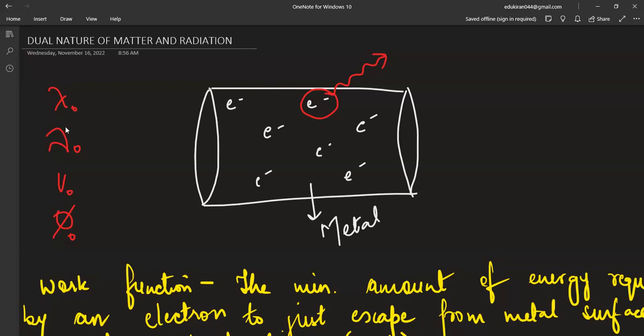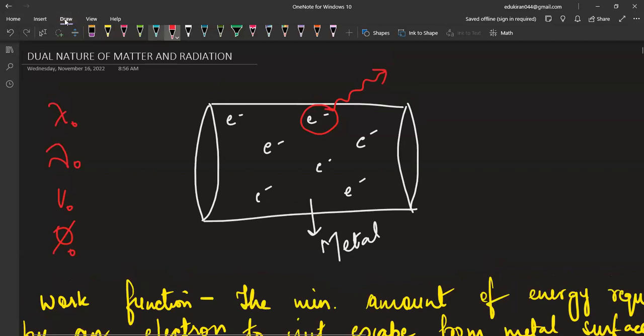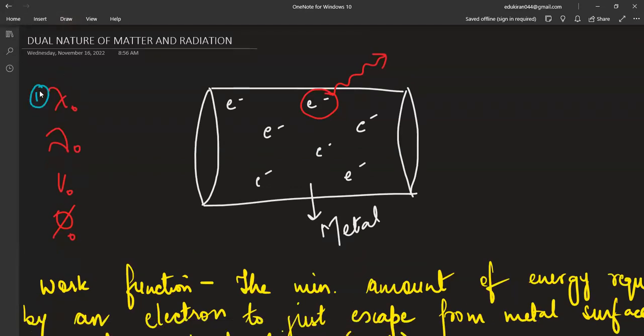But first see these. When this is the wavelength, a certain wavelength is required for the ejection of an electron to occur. This is known as the threshold wavelength.